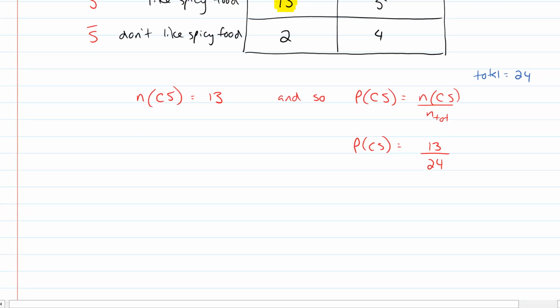Now, if you like, and this is optional, you can express the same data in a Venn diagram.